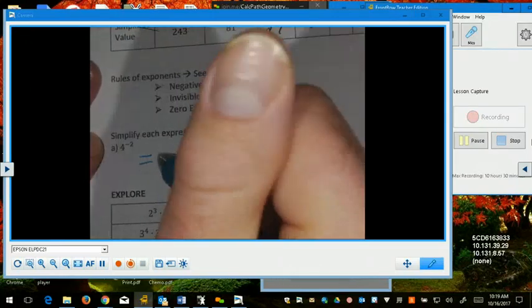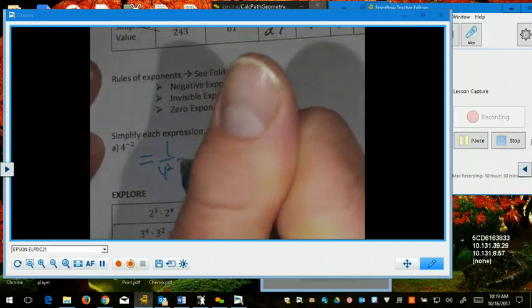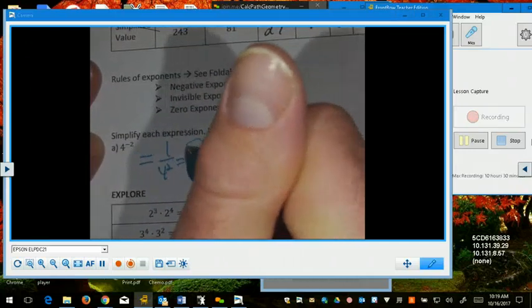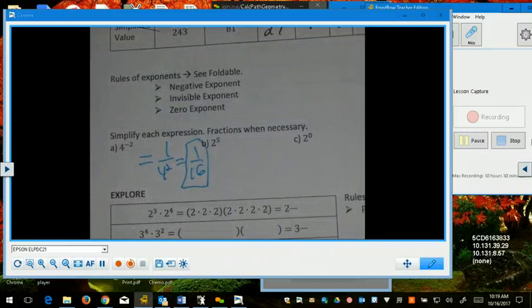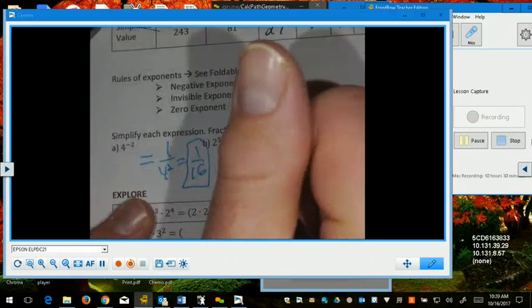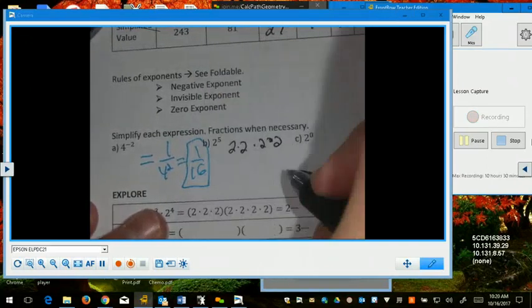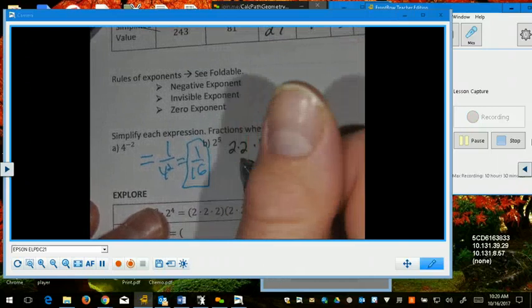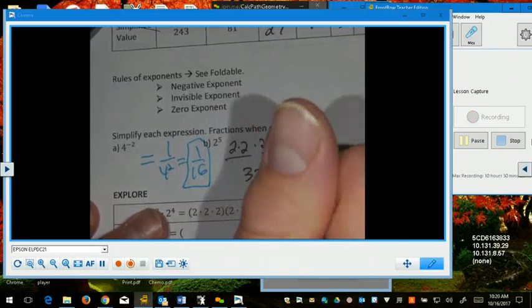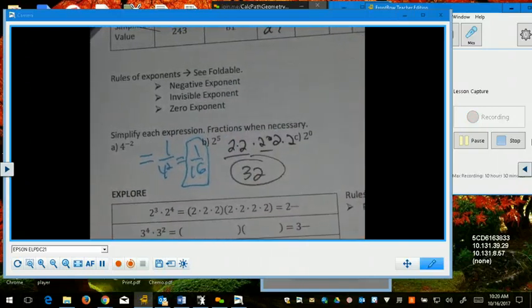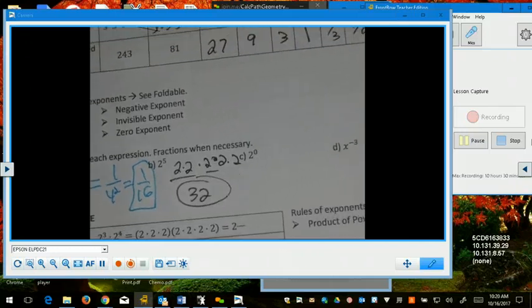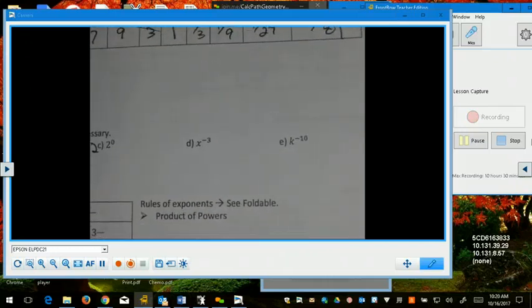It's really 1 over 4 to the second, which is 1 over 16. 2 to the fifth, you could write out as 2 times 2 times 2 times 2 times 2 if you want. But it is 2 times 2, there's 4. 2 times 2, there's another 4. 4 by 4 is 16. Times 2 is 32. Try the next 3. Take a moment to try the next 3 on your own.